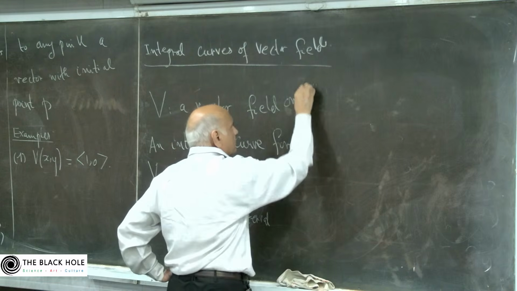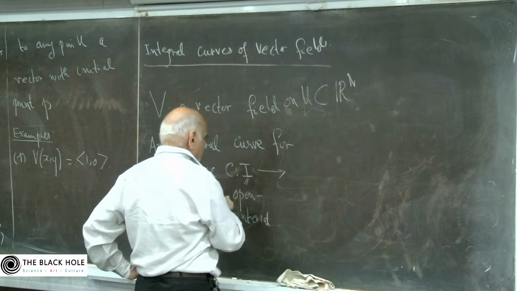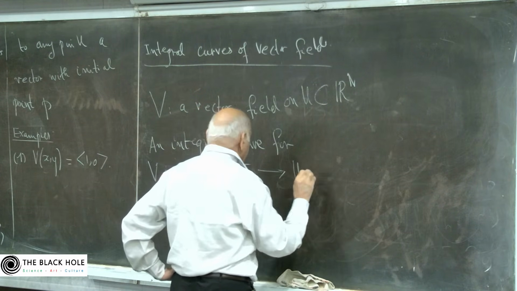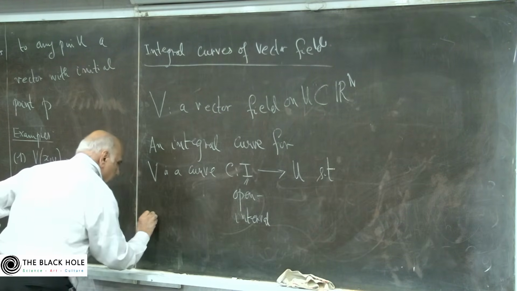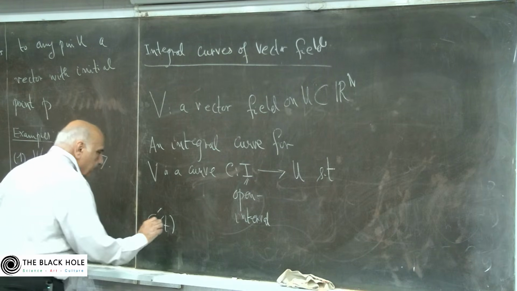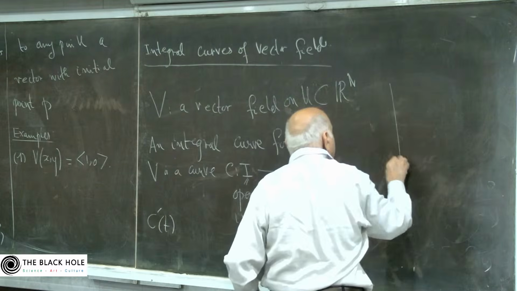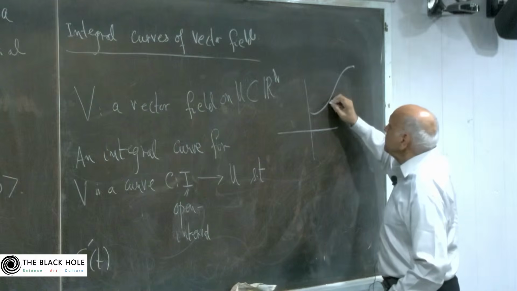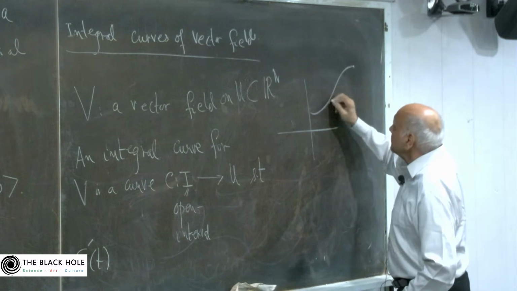Why not be general, from an open interval I to U in Rn, such that C prime of t is the, now see, when I give you a curve here, this is C depending on t.